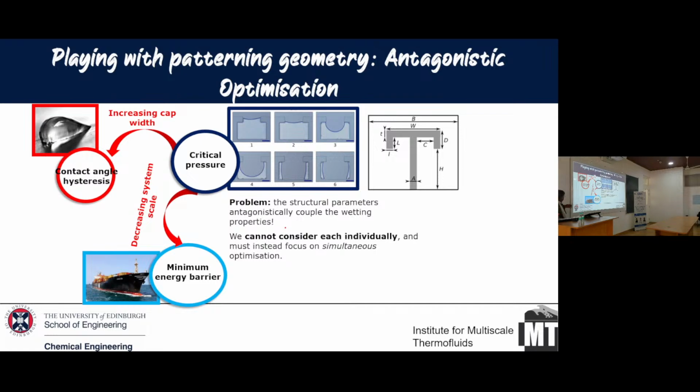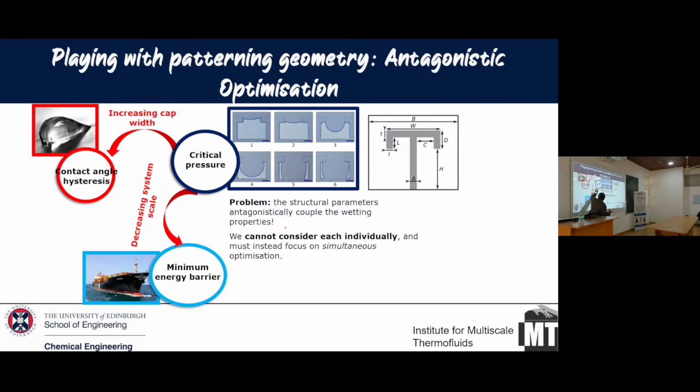Again, if you increase your cap width, as you keep increasing the width of the cap, contact angle properties become very important. If you decrease the system scale, you shift from critical pressure as a major problem area to a minimum energy barrier.